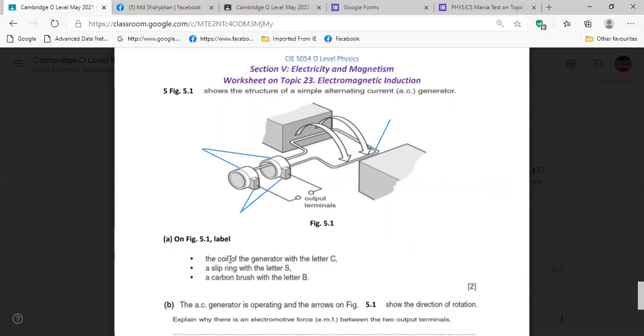So which one is what? Yes, sir. You got all of them.